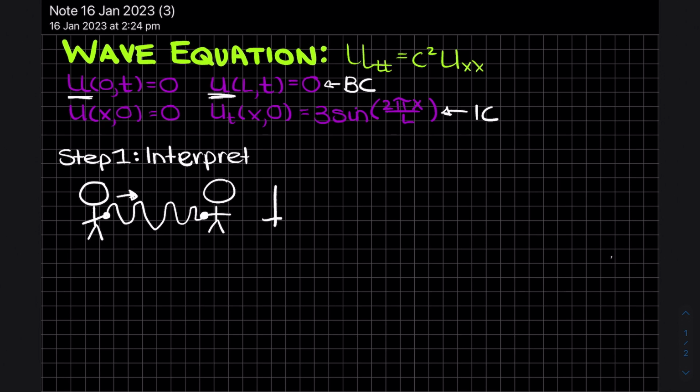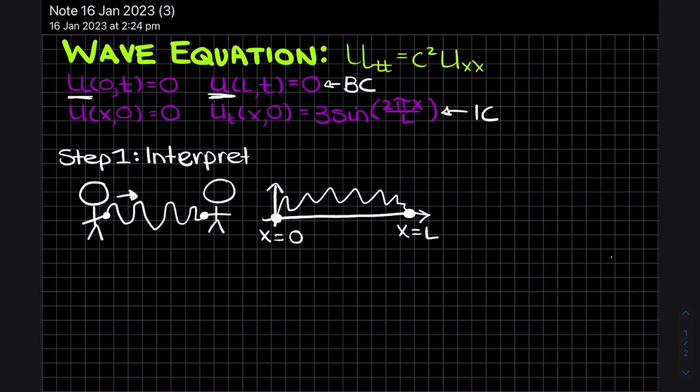So on a graph, it means the wave, we don't know what it's doing. We're not told that information, but we are told at x equals 0 and x equals L here, it's at 0. It's homogeneous, it equals 0. So that's what it's told. The two ends are fixed. Whereas if you're working with Neumann boundary conditions, the ends are allowed to freely vibrate.